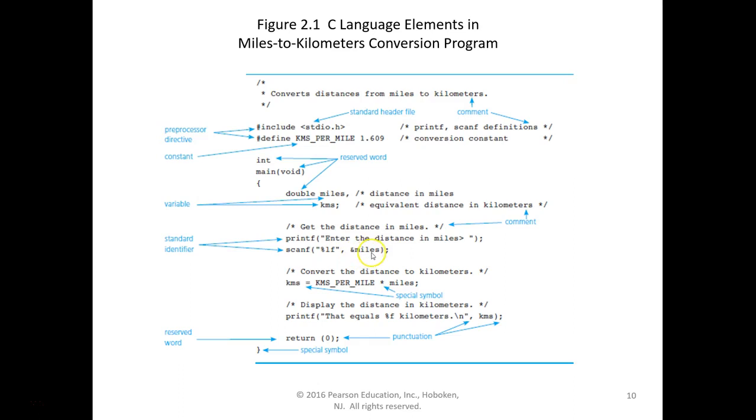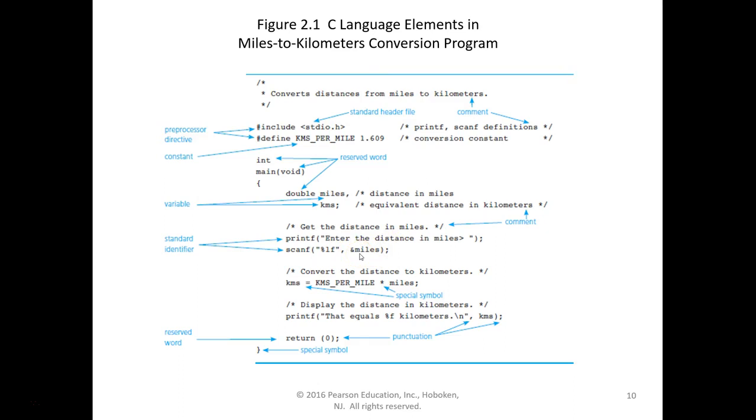This one is just, when you input your mile here, it's going to save it. This is a placeholder. It holds the place. This is a float. And now the mile here, when you enter your mile, this variable just points to the address of the location of miles. That's what this ampersand miles means, that it's a pointer to the address of mile, because when you enter your mile, it needs to be stored.